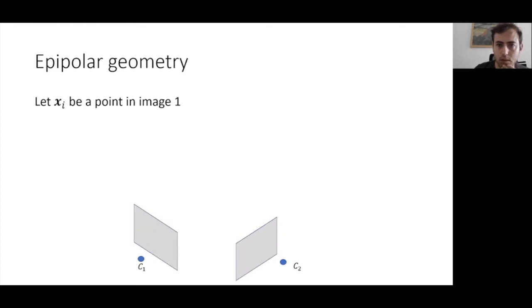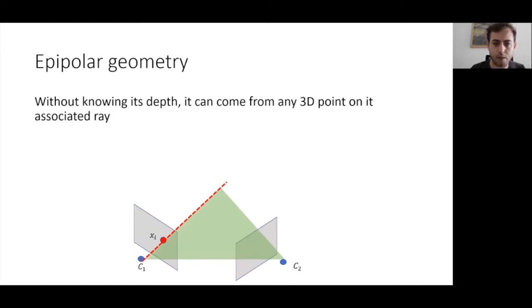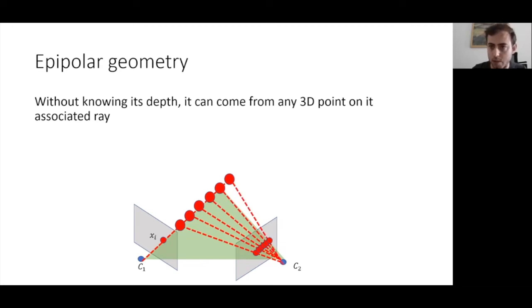Cool. Okay, so let's define the epipolar geometry. We are given a 2D point in one image. So we know that this point can be projected from some 3D point on this 3D red ray. But for each different 3D point, the projection on the second image will be a different 2D point.